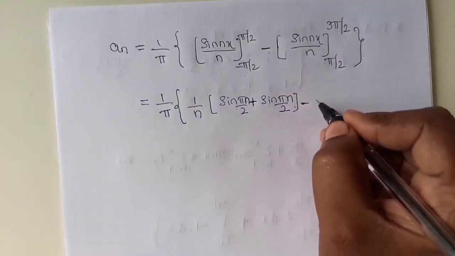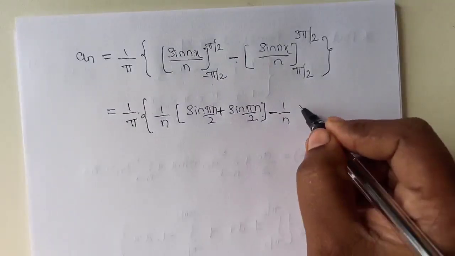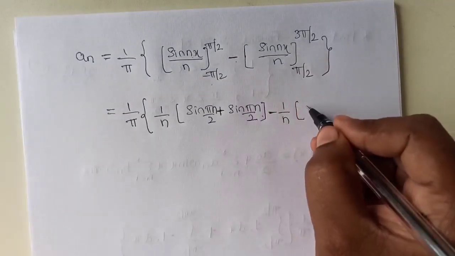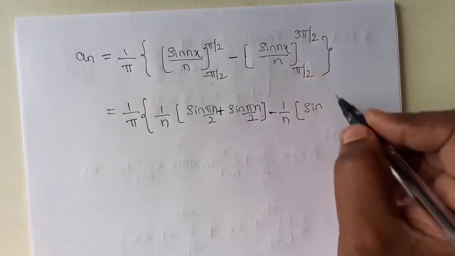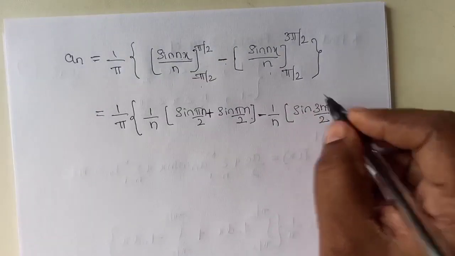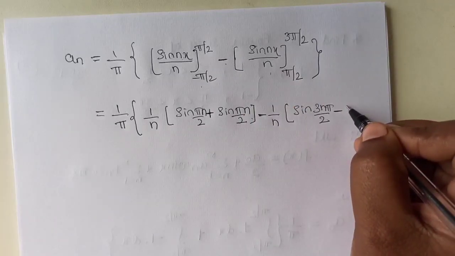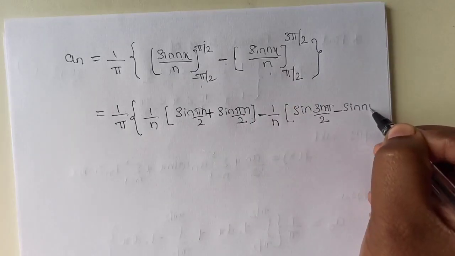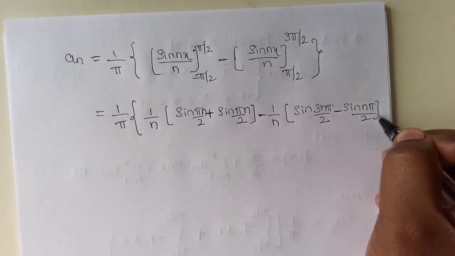Minus, again 1 by n can be taken outside. Here we get sin of 3n pi by 2 minus, here we get sine of n pi by 2.